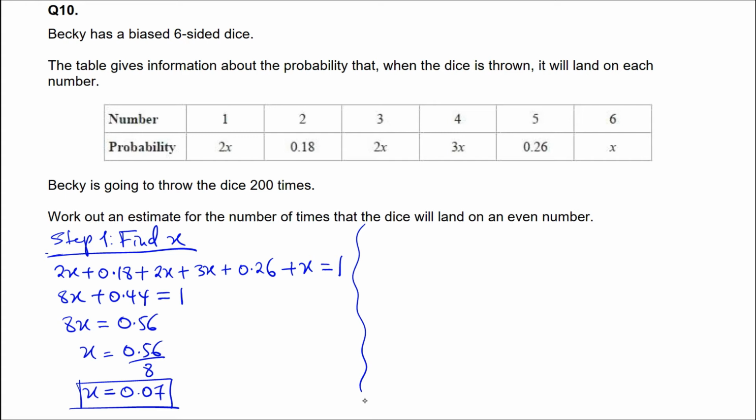So step 2 is to find the probability that the dice lands on an even number.